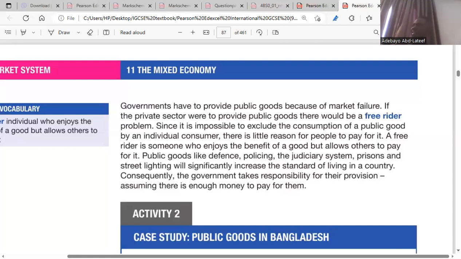Do you get the point about free rider here? A free rider is an individual who enjoys the benefit of a good that he or she does not contribute to the provision of. So this is why the private sector would not, because they want to make profit. Do you understand? So they exclude you from consuming it if you cannot afford it.